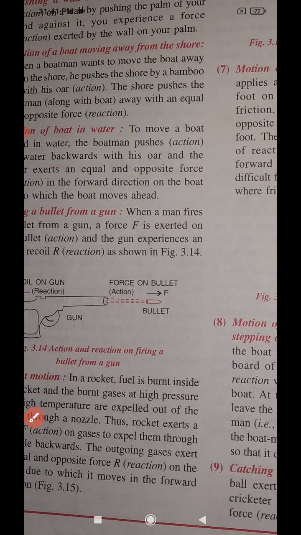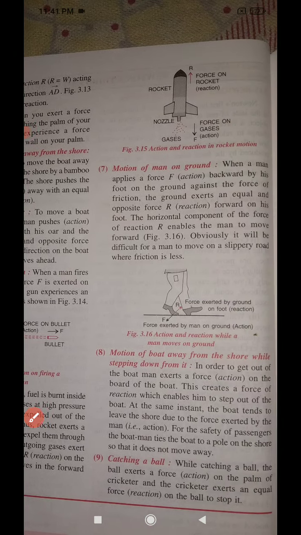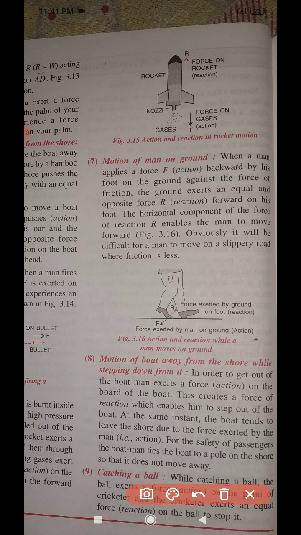Rocket motion is also an example. The nozzle releases high pressure gas. The force of the gas is the action, and the force on the rocket is the reaction force. In this way the rocket moves towards the sky. Now, motion on the ground is also an action-reaction force. On a slippery surface the reaction force is not proper, that's why we fall down.